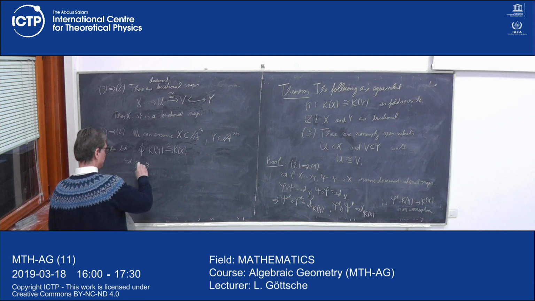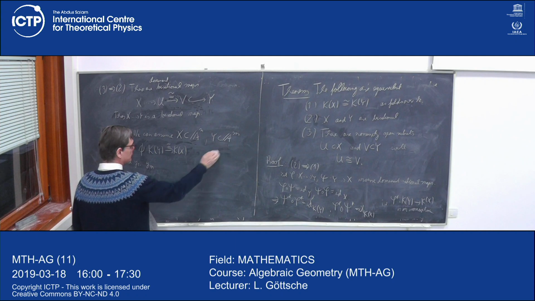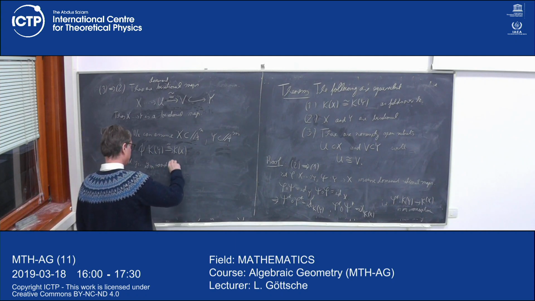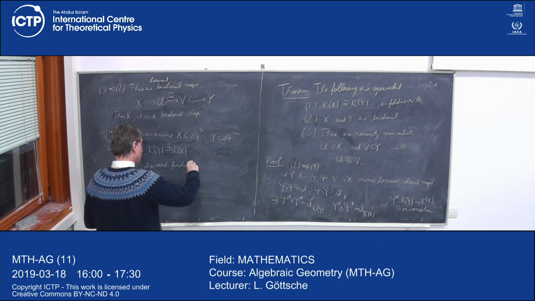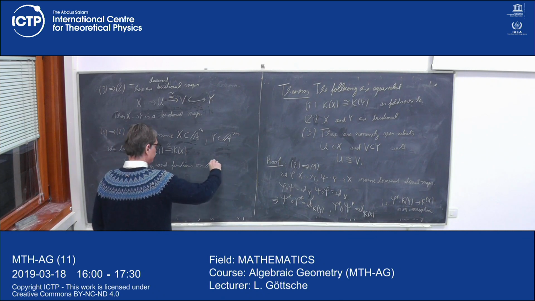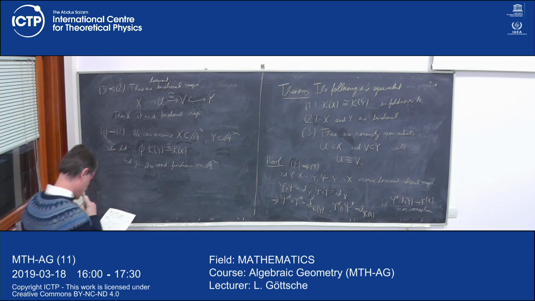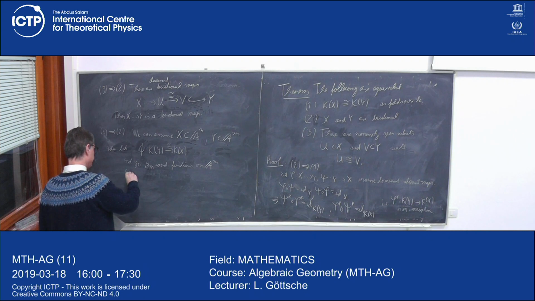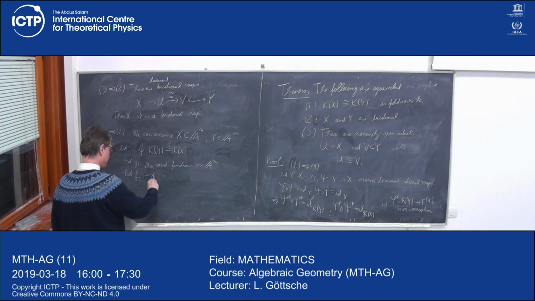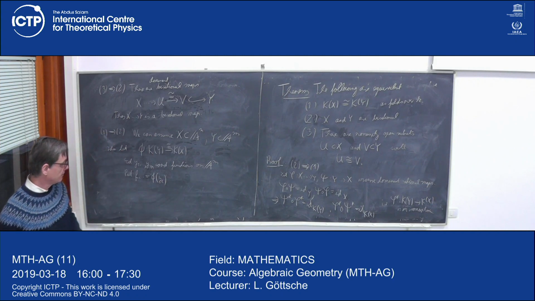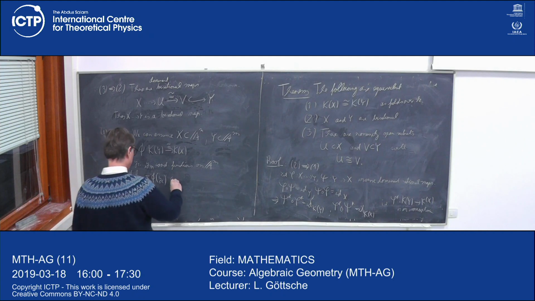So we have to take y1 to ym, here, the coordinate functions on A^m, so that means the restrictions of the coordinates to Y, and we put fi to be psi of yi. So these are some elements in k(X).